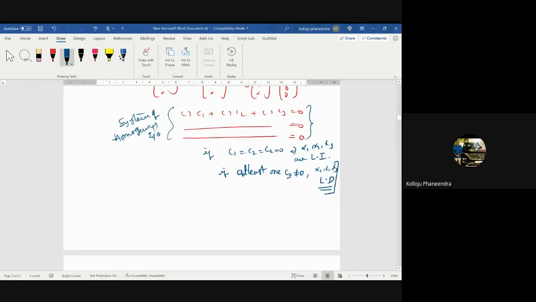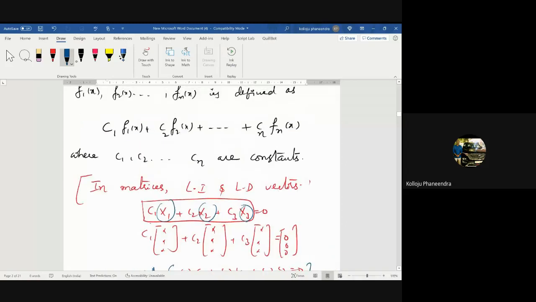Now the same logic applies here also. Using this linear combination, how to decide whether the given solutions are linearly independent or dependent.